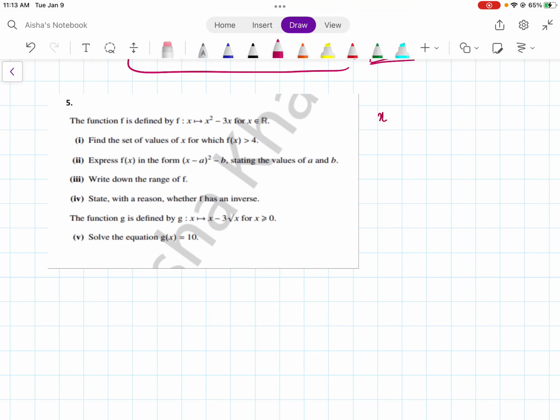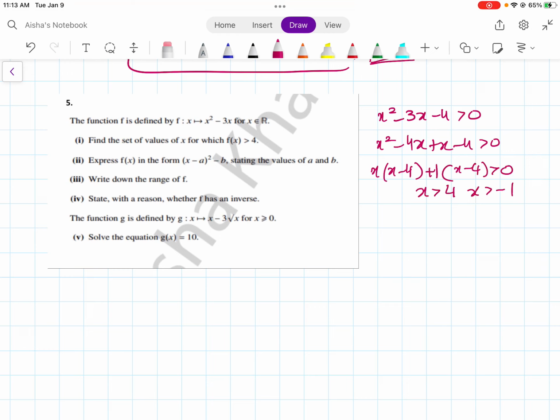For which f of x is greater than 4, then you have to state it in this form.